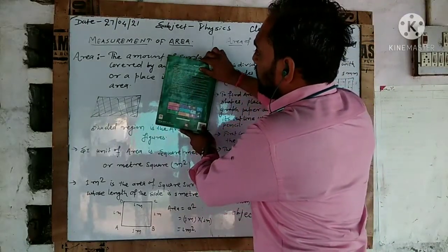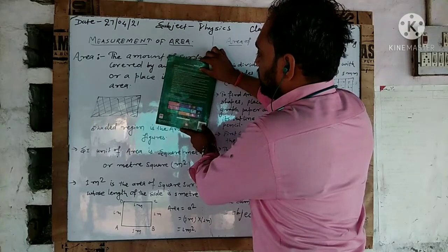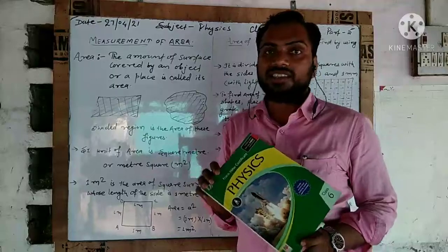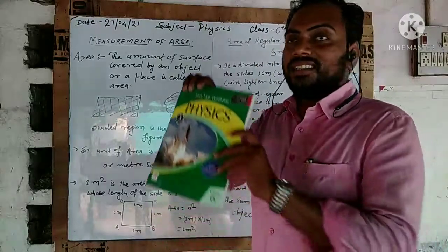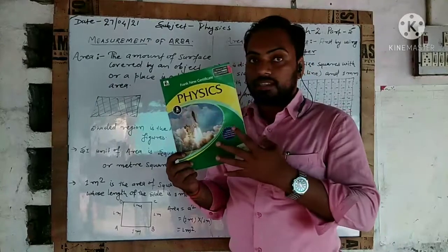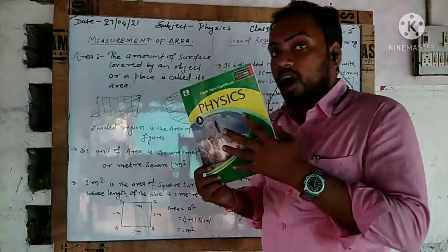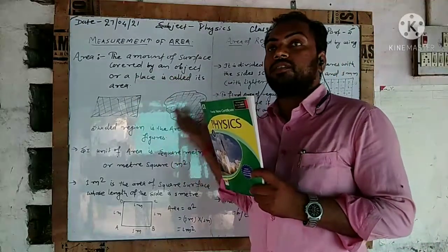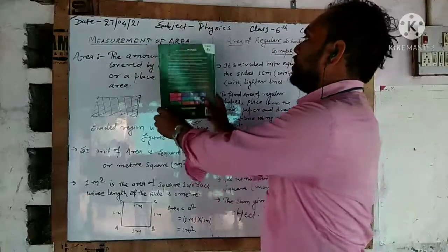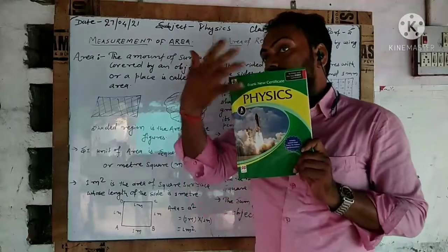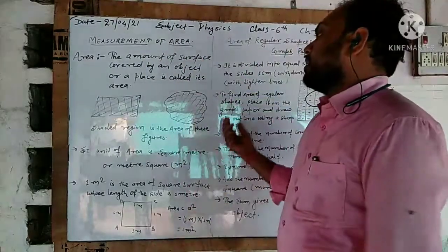How much region of this plane surface is covered by this book, that is called its area. This is the book and the front face has some area, and I can find it from how much of the region of the board is occupied by this book. That will be called the area of this front face.